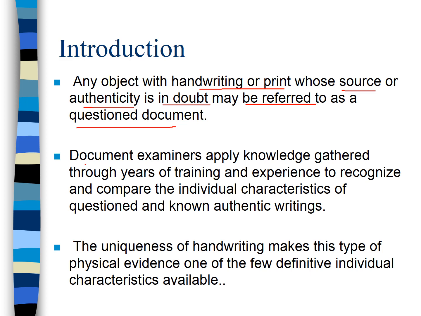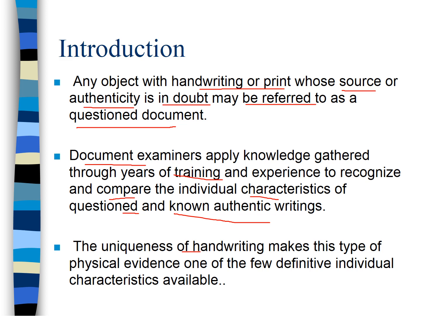So usually the document examiner will apply the knowledge gathered from their training and experience to recognize and compare the characteristics of the questioned and known authentic writing. So biasanya document examiner ni dia akan menggunakan dia punya kepakaran bergantung kepada experience dia lah untuk mengetahui ketulenan suatu tulisan itu.